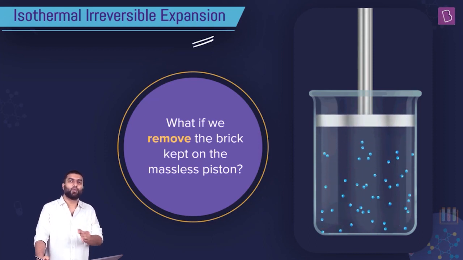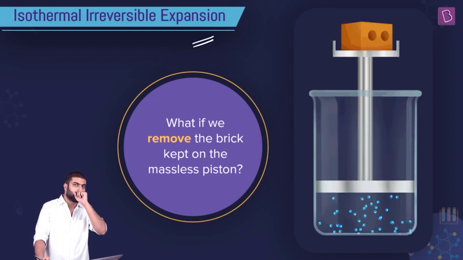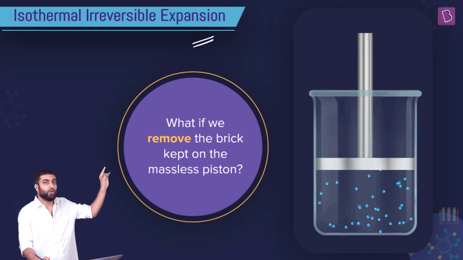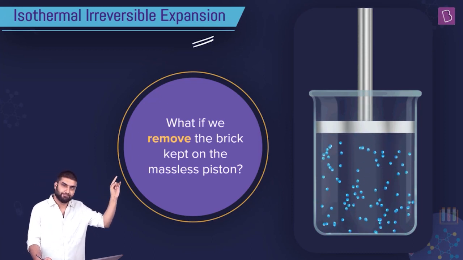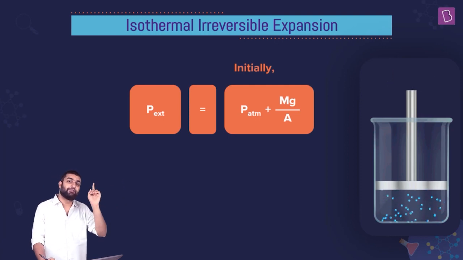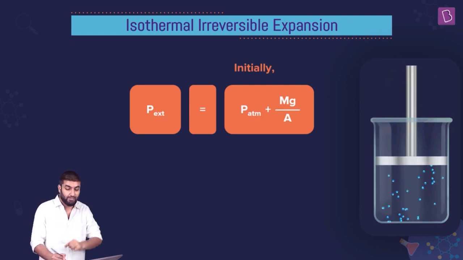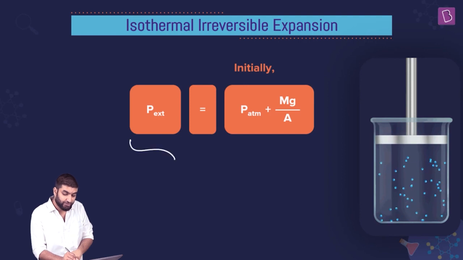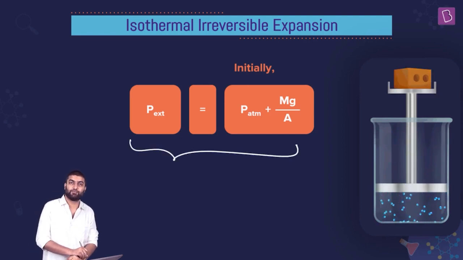So this time around, what are we doing? This time around, we are removing the brick. Before we remove the brick, the external pressure was equal to this.